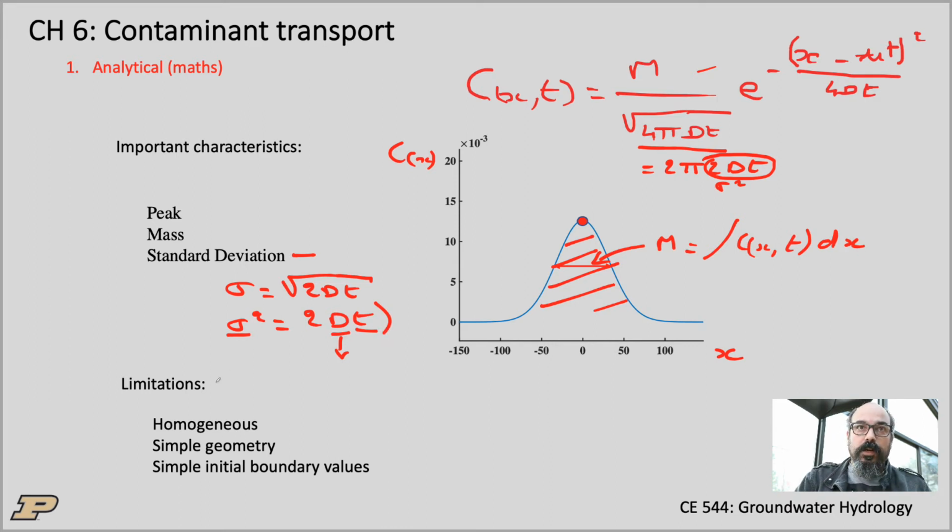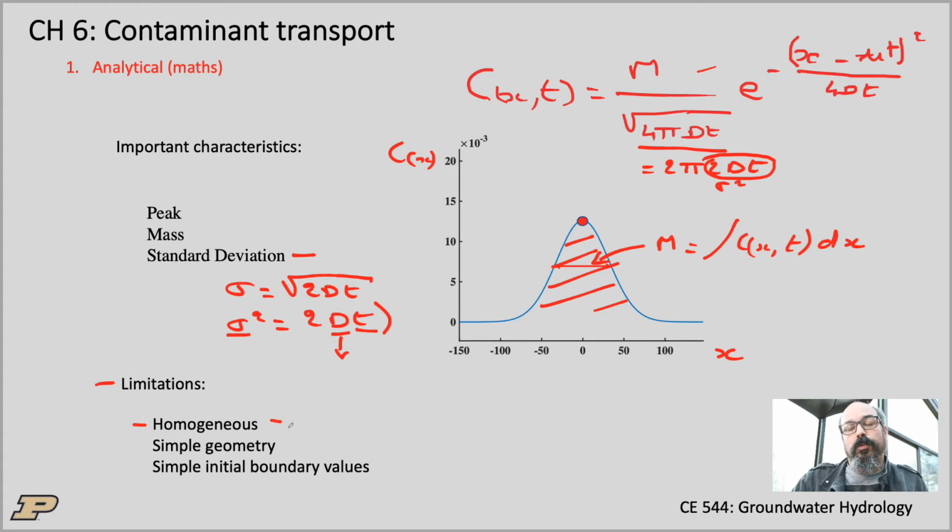Now the limitation of the analytical solutions, the main one probably is homogeneity. You can see those equations are very simple. We have not talked about hydraulic conductivity, for example. If you have a heterogeneous media with different types of rocks or different hydraulic conductivities, which is typical, because hydraulic conductivity is not constant in space, then you can't really integrate that in your methods of solution.